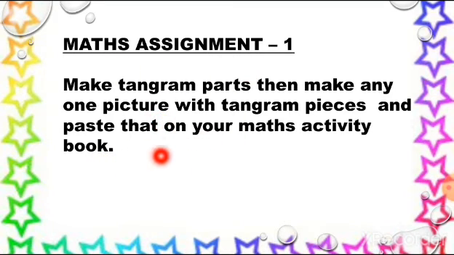Everyone first take a square paper and then cut it into 7 pieces as shown earlier and make the tangram pieces. After making the tangram pieces, you can make one picture. In this video it was shown how to make a cat and how to make a bird, isn't it? So any one of those you can do in your maths activity book.